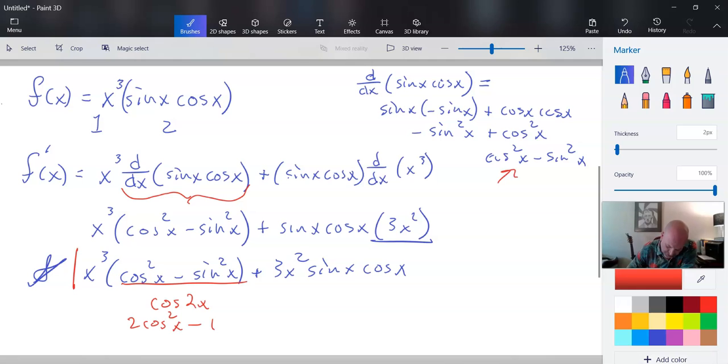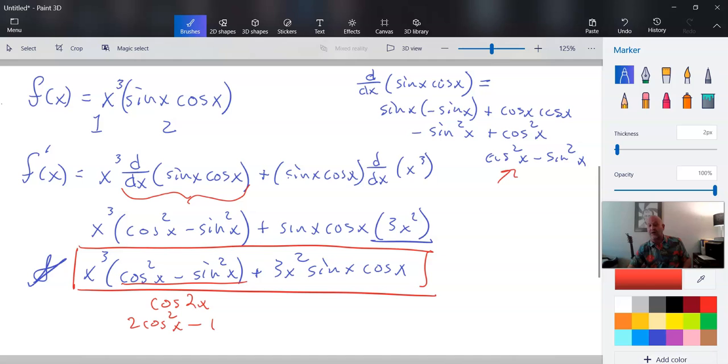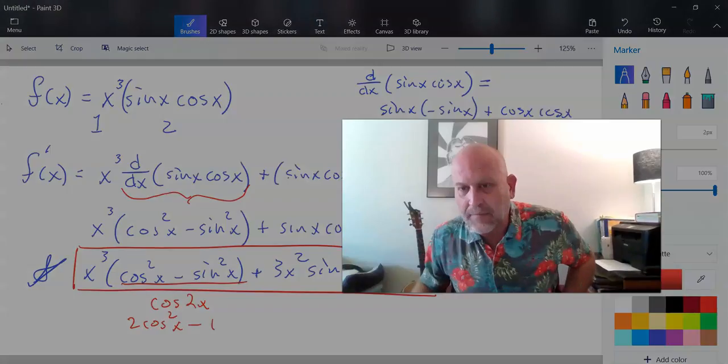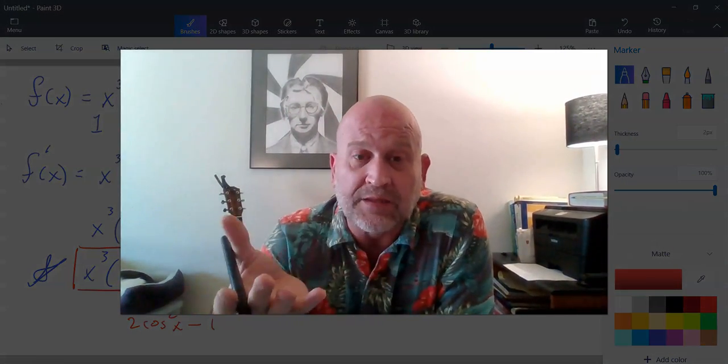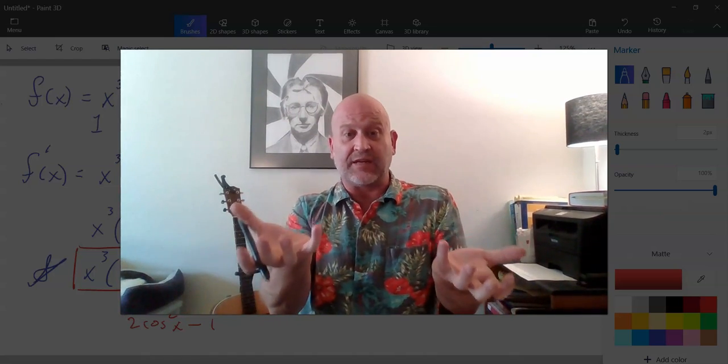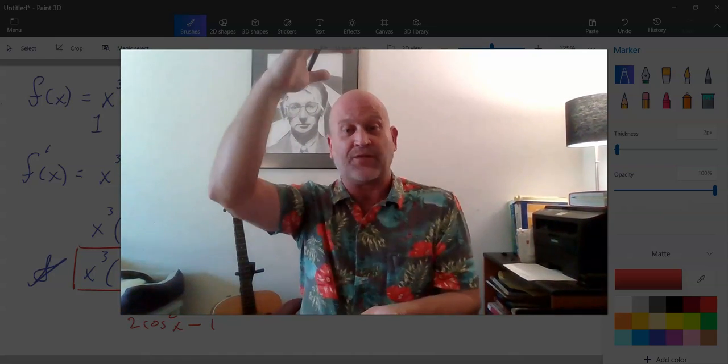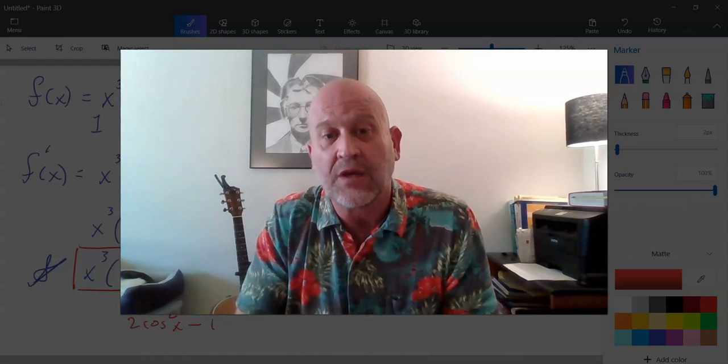But my advice, once you get it to a form like this, unless there's a reason you need it all in terms of cosine or all in terms of sine, is not to do any extra steps. Just be aware that sometimes you do need to make it fit something else later on down the line. The big thing I want you to take from this is that once you have the derivatives of sine and cosine, you have the derivatives of all six of the trig functions.